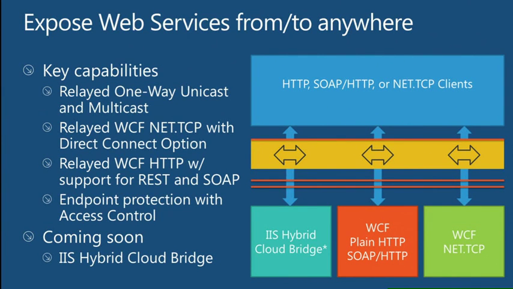You have a net TCP link. It's a binary protocol, a binary SOAP protocol in that case. It has compression inside of it. And so you can take your WCF service and expose it with a net TCP relay binding, and with that get that capability.